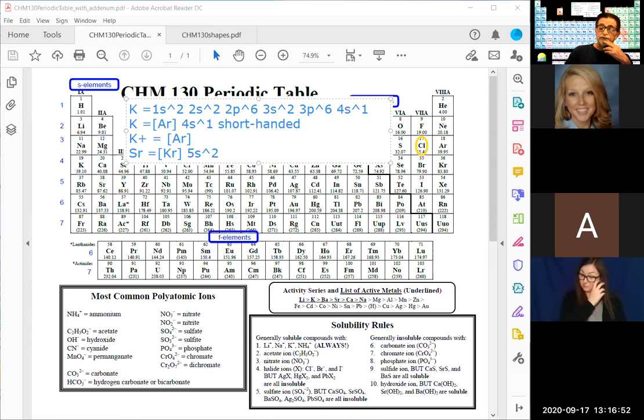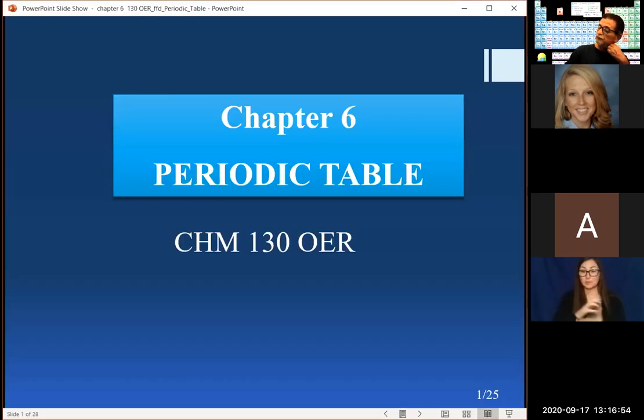All right, so that brings us to chapter 6. Chapter 6, a fairly short chapter. It deals with the periodic table. Okay, kind of a little background about the periodic table. And we call it periodic table because there's a lot of periodicity.